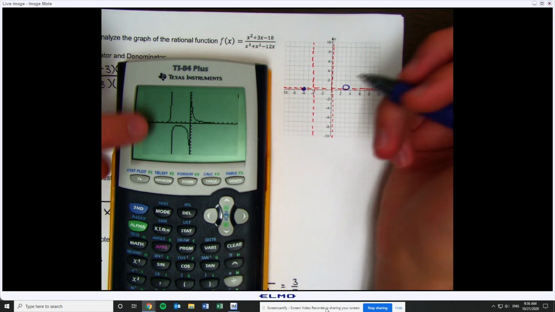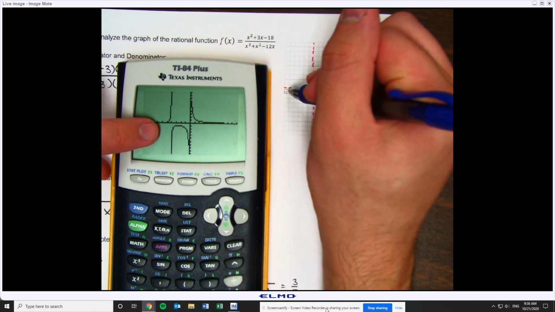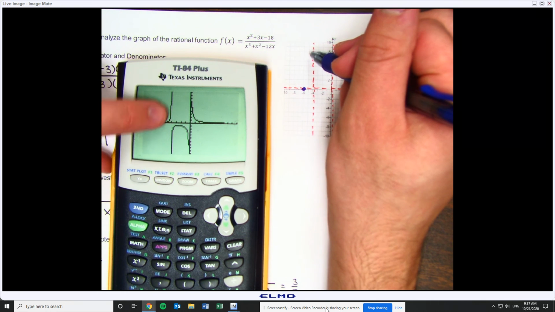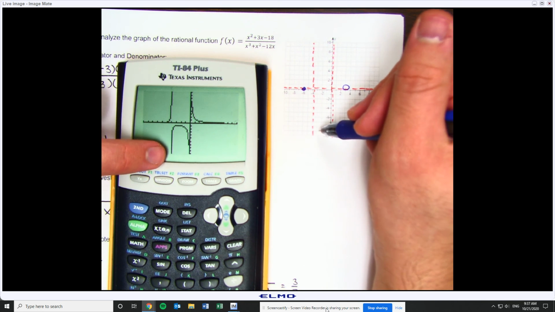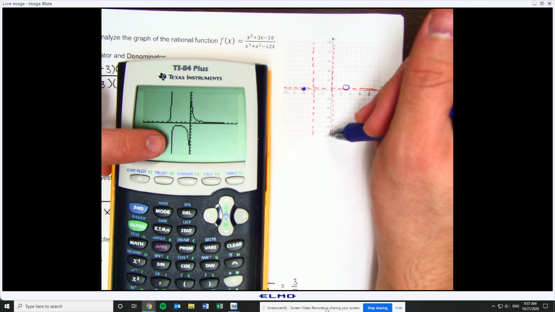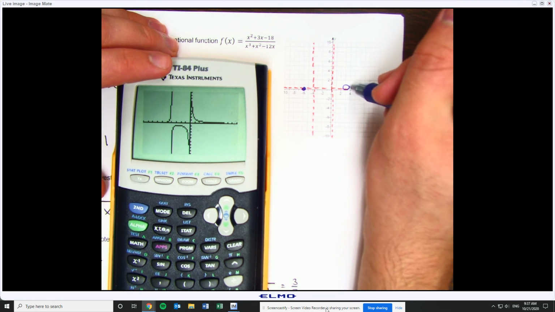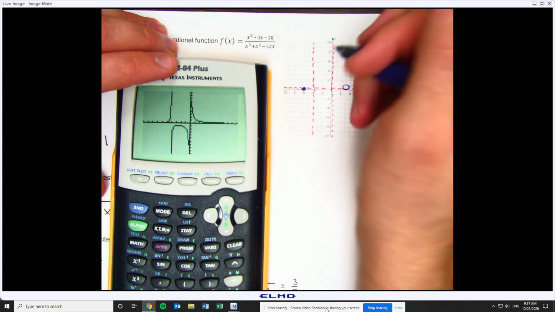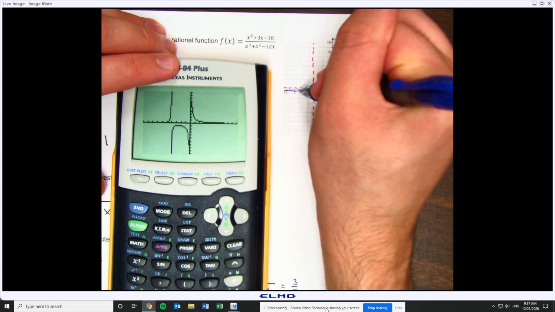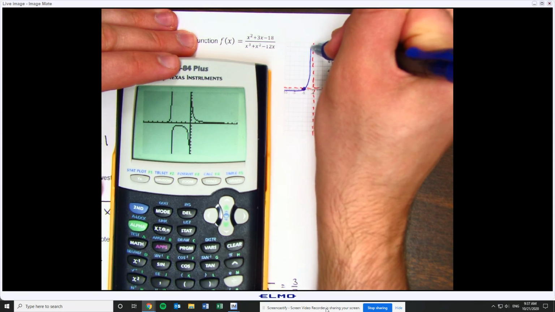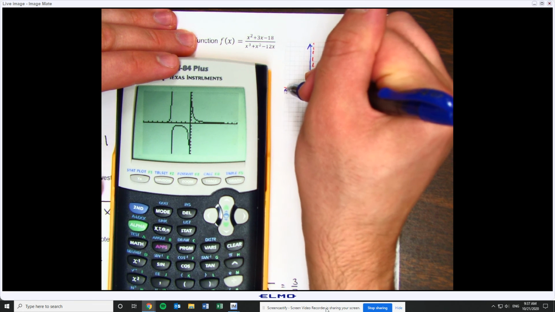Looking right here, I see that in this part, I'm going to start down here, hit this, and go up, because that's where my graph goes. Right here, this one will go up, and then come back down. And this one will go right here, touch that, and go this way. But I'm going to stay above, because there's no other x-intercept. So I'll start below, go up, and make sure I hit my point.